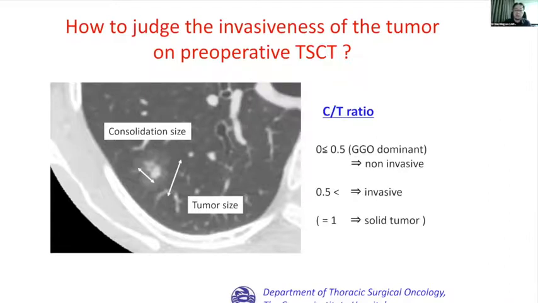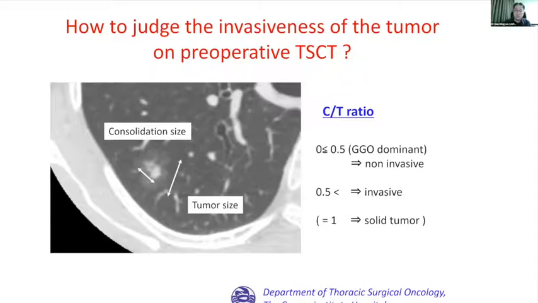The consolidation to tumor ratio is the most simple indicator for judging the invasiveness of the tumor. A CT ratio less than 0.5 means a radiologically GGO-dominant lesion. These lesions are almost all non-invasive cancers such as AIS or MIA. But a CT ratio of more than 0.5 means a radiologically invasive cancer.